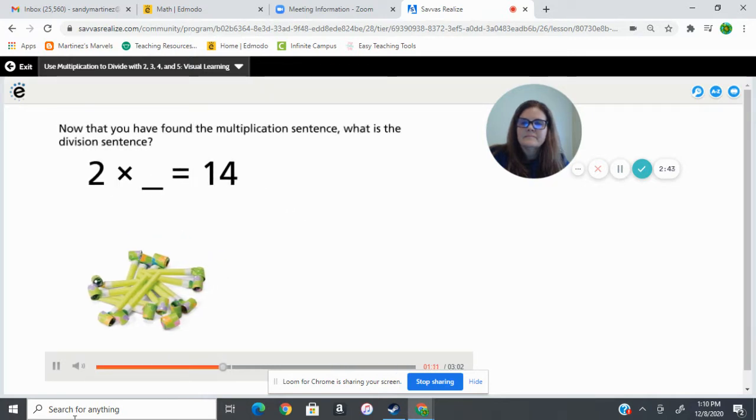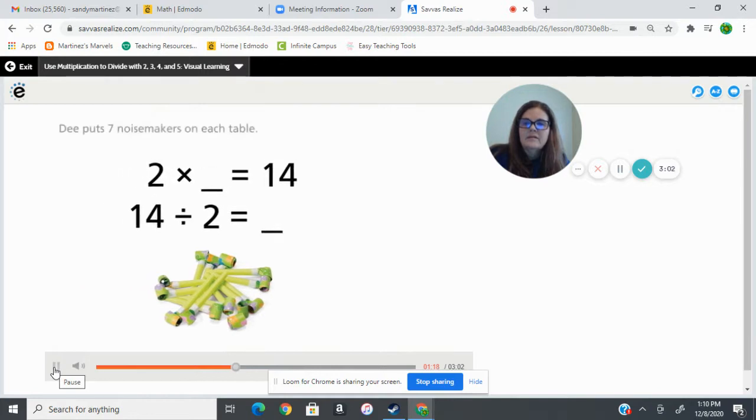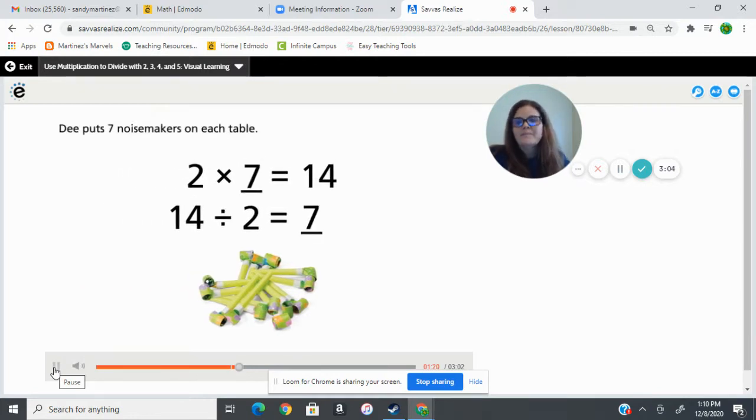Now that you have found the multiplication sentence, what is the division sentence? Okay, so we have 2 times what equals 14, where 14 divided by 2 equals what? So let's see if they'll be the same puts number. 7 noisemakers on each table.